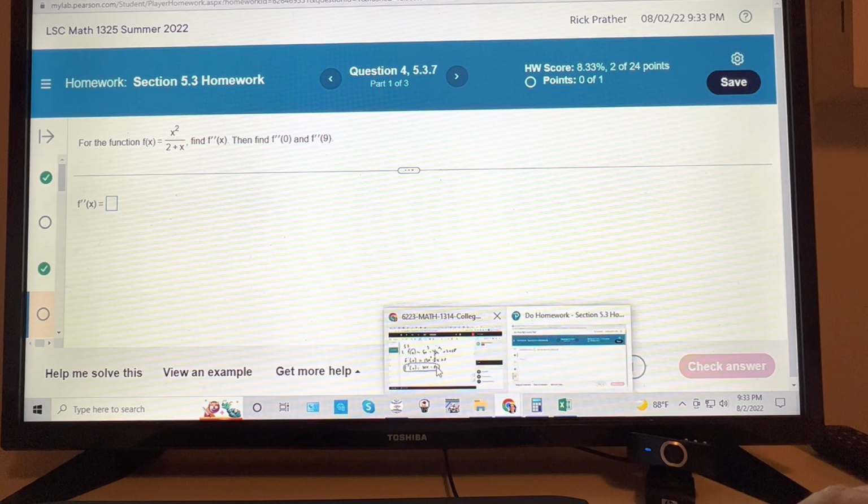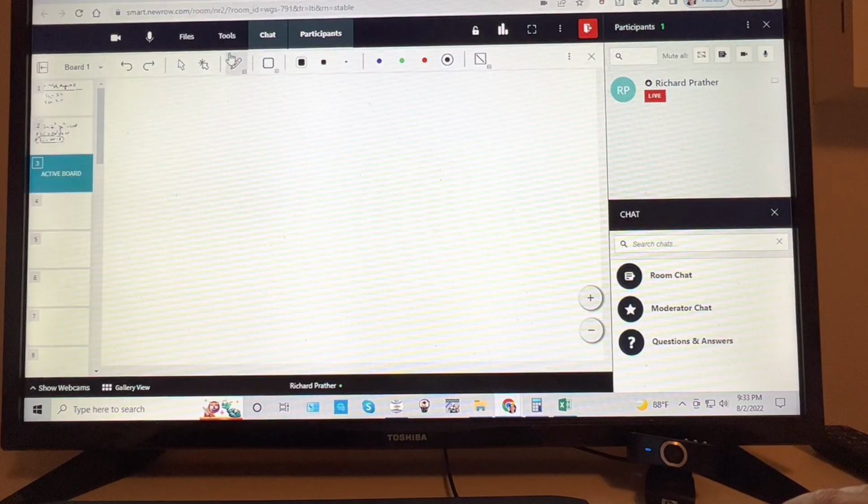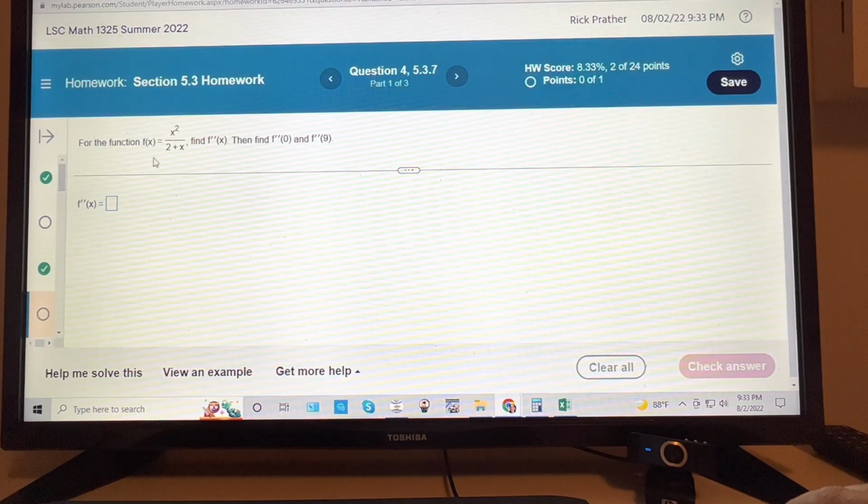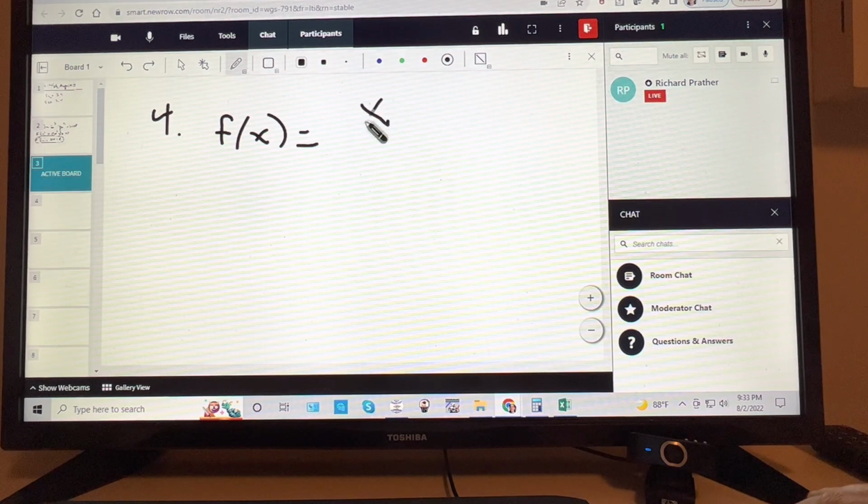Okay, so what if I have to apply some other rules, though? Now I have x squared over 2 plus x as the original function. So the first derivative is the quotient rule.